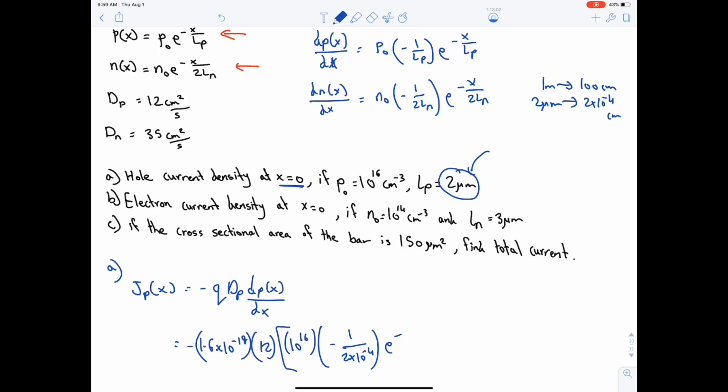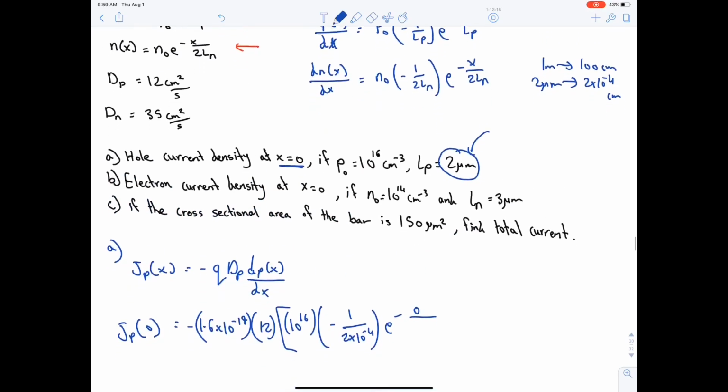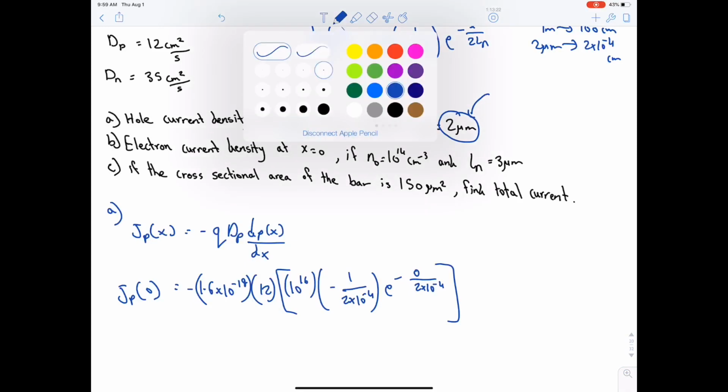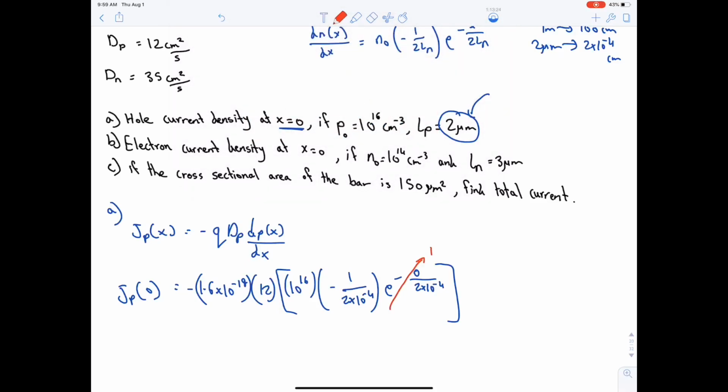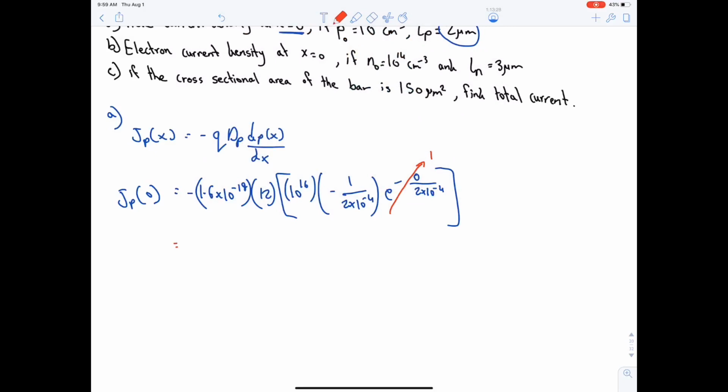We said you have to substitute in 0. So here we're finding Jp at 0, minus 0 over Lp, which is 2 times 10 to the minus 4. The entire exponential will become 1. So the answer is 96 ampere over centimeter squared.